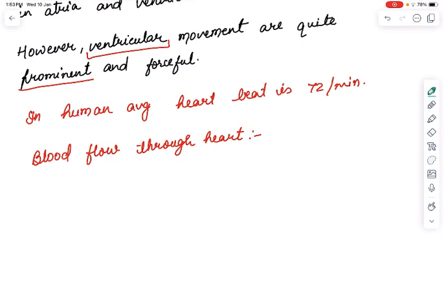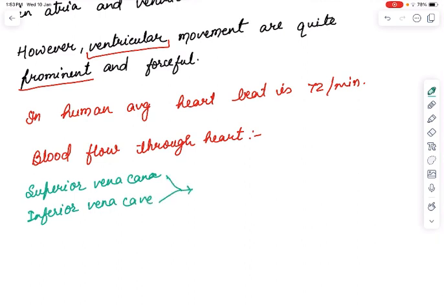First, we have seen the superior vena cava and inferior vena cava. It will supply the blood to the atria, the right atrium.